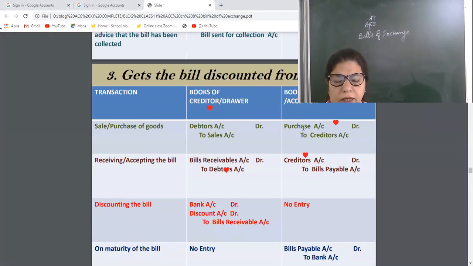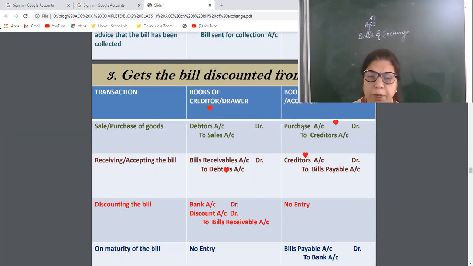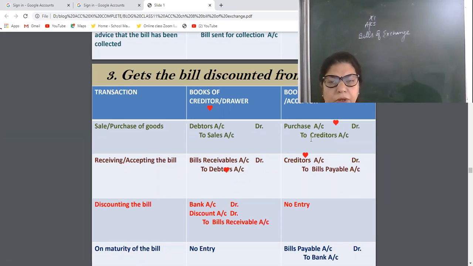It means the drawer can discount it and get the early payment. So what will he do? He first sells the goods, he purchases the goods, same, gets the bill, gives the bill, same. That's why it's easy to learn. Same, you can write same. But in the exam you have to pass the entry.